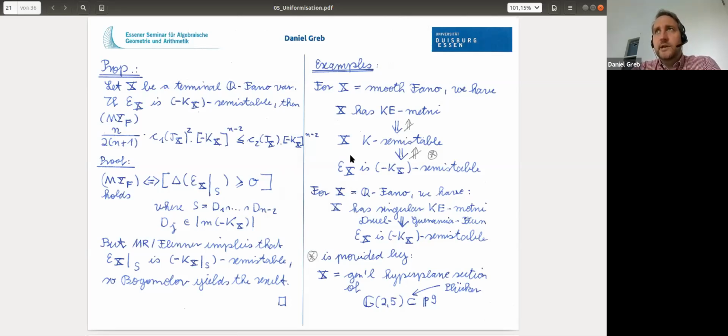And then you have to check some condition on this flag, which is of a different flavor than this degeneration. The actual definition of K-semi-stability requires you to check C star degenerations of your X.